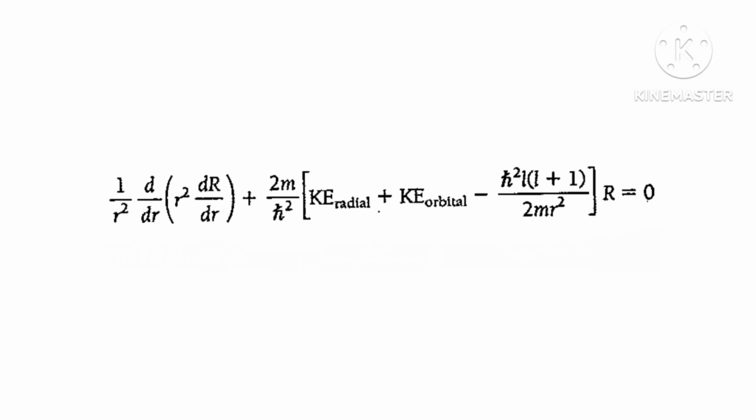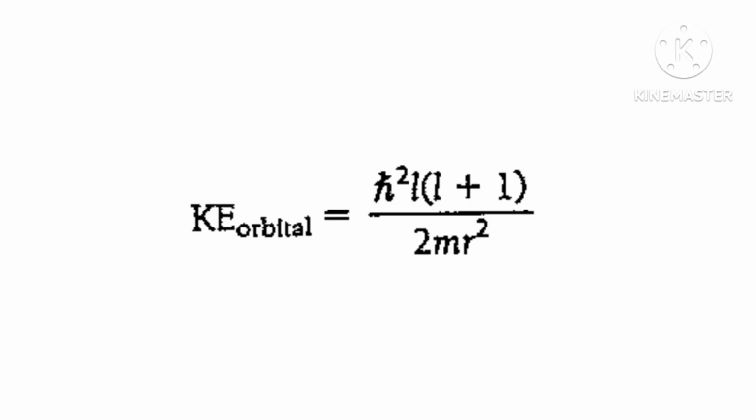If the last two terms in the square brackets of this equation cancel out each other, then this will be a differential equation for R(r) that involves a function of the radius vector r only. Therefore, we need to assume that K orbital equals ħ² l(l+1)/(2mr²).